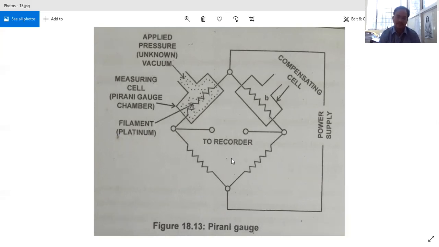We have a Wheatstone bridge, and in the Wheatstone bridge the known resistances A, B, C, D are kept. Under the null position, we can determine the resistances: A by B equals C by D. Depending on the variation in the variable resistance, we find out the pressure of the given measurand.